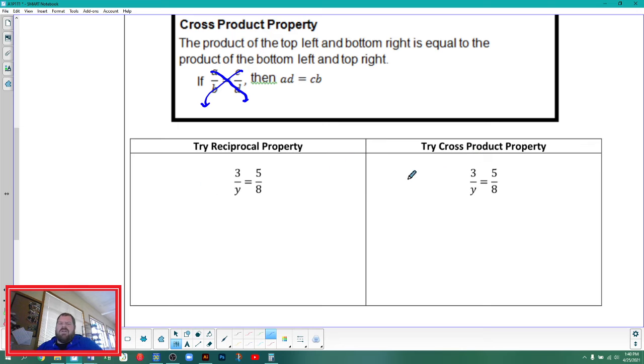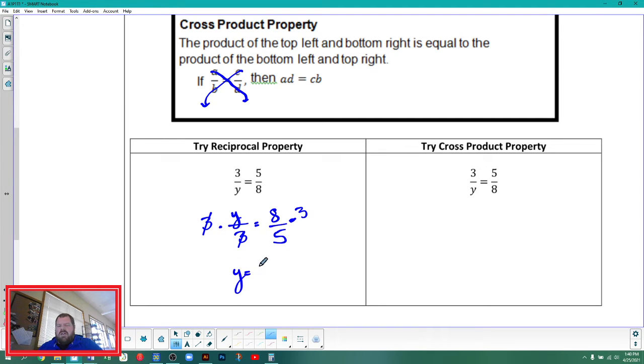I want to look at the difference between the reciprocal property and the cross products property with this same problem. For the reciprocal property, I need to use it since y is on the bottom, right? I'd say y/3 is equal to 8/5. Then I would use what I kind of coined as the solving equation strategy: look at what's happening to the variable and undo that.